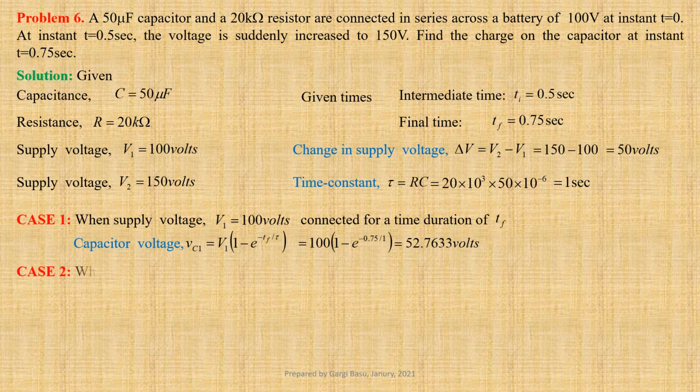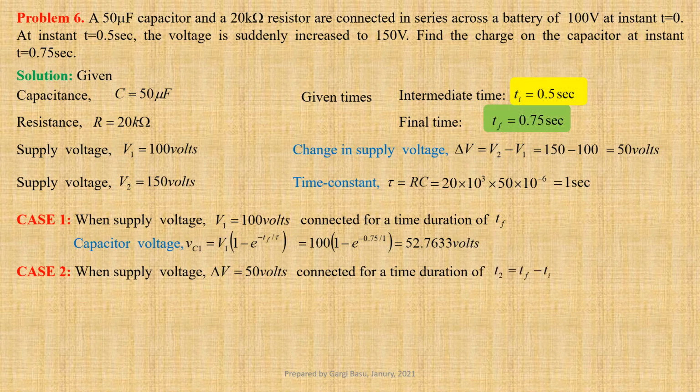Case 2. When supply voltage delta V equals 50 volts connected for a time duration of T2 equals Tf minus Ti, that is equal to 0.75 minus 0.5, that gives us 0.25 second.